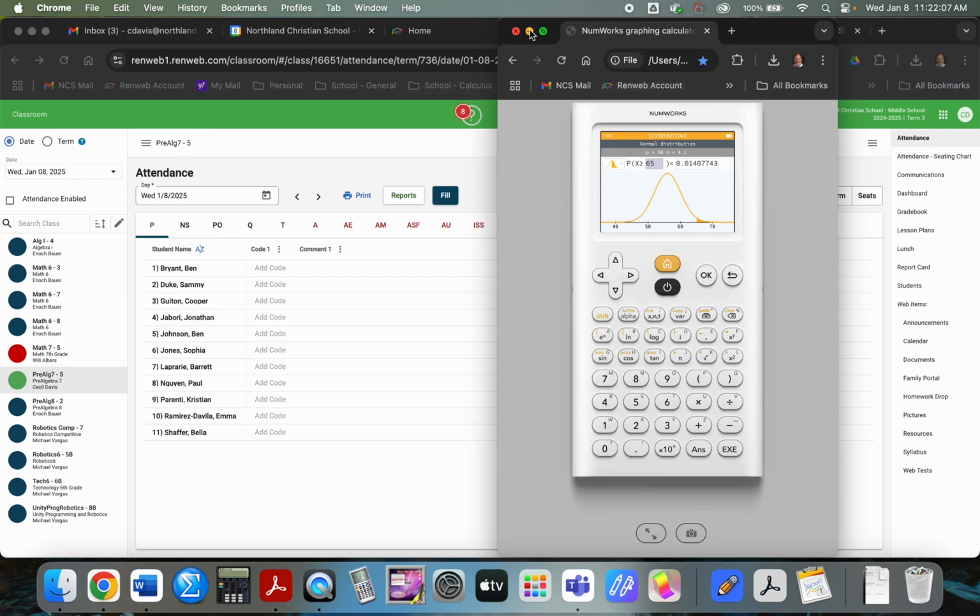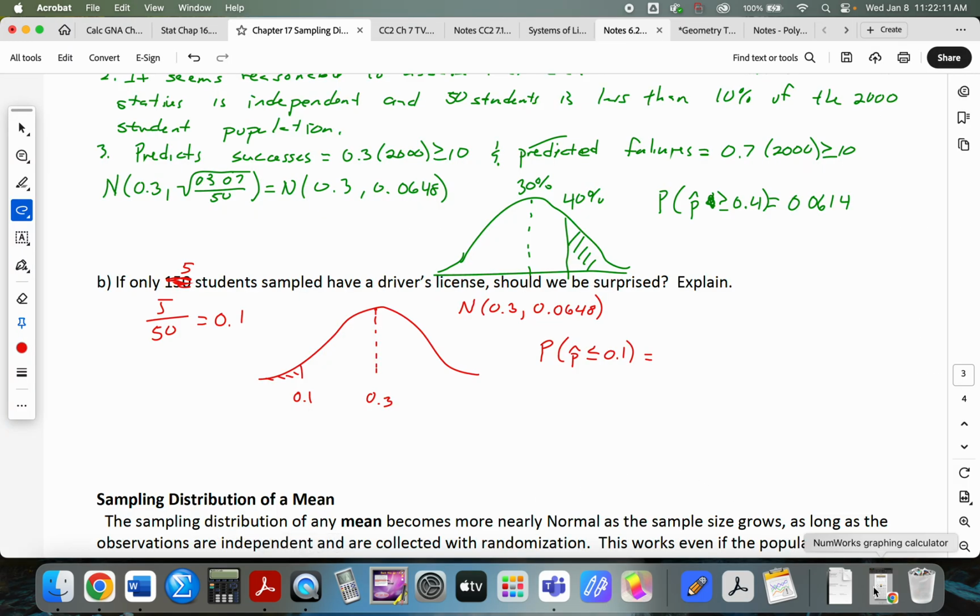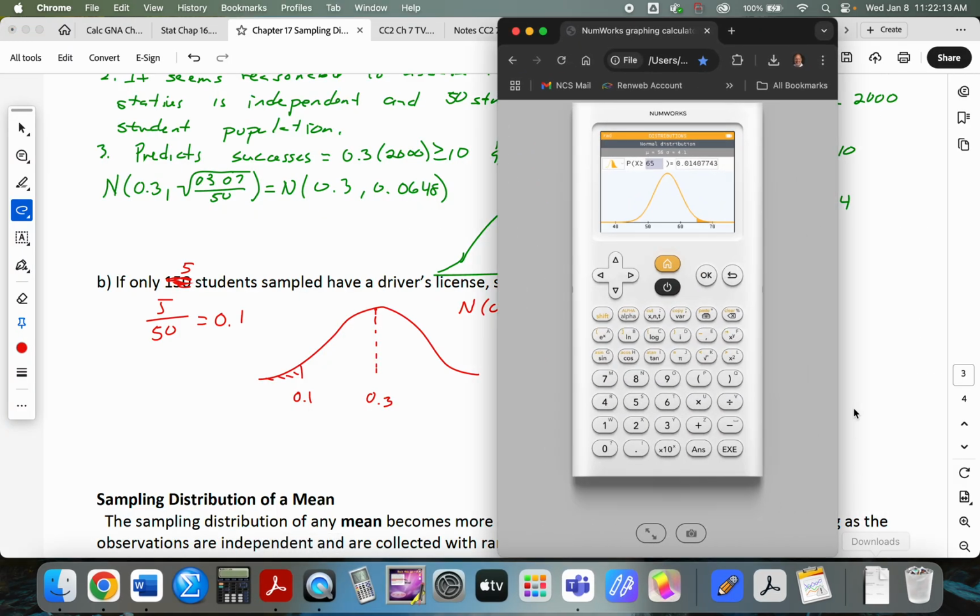Let's do this. I always forget to minimize that. If you minimize it, it makes it a lot easier to use for something else. All right, so let's go back. It's a normal model. The mean is 0.3.